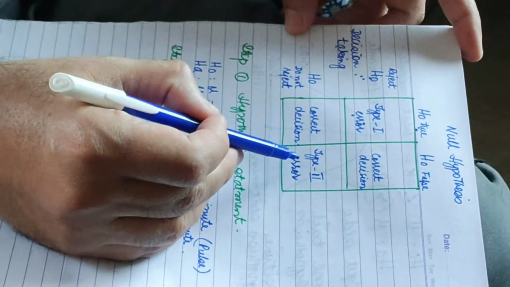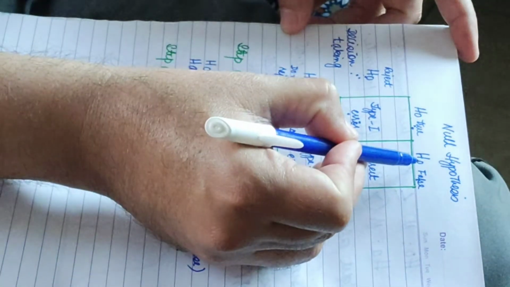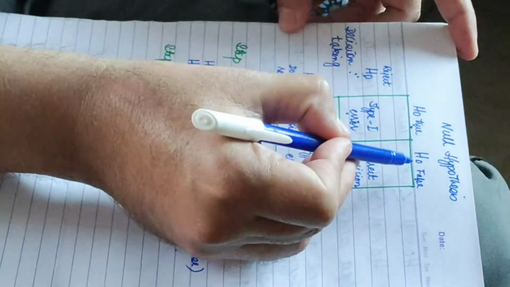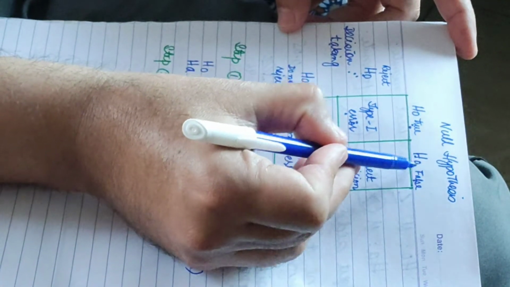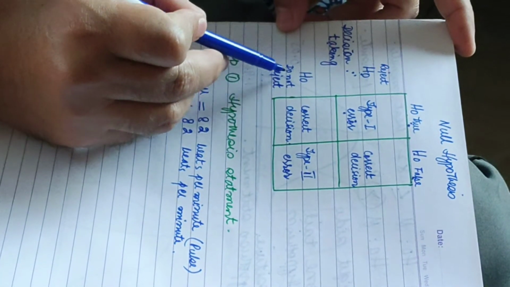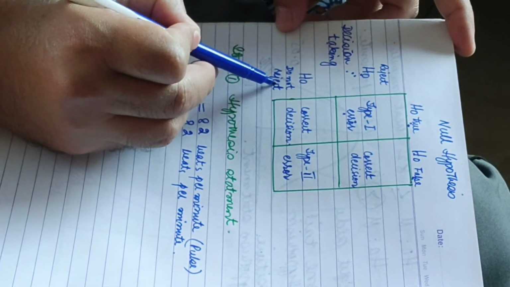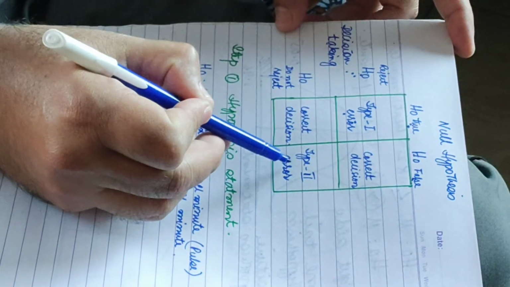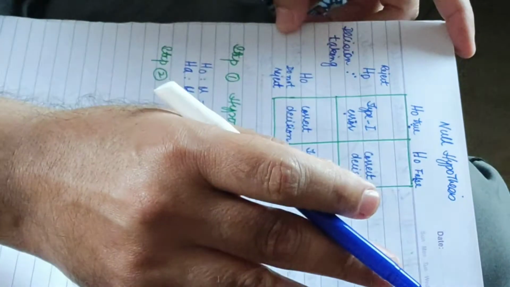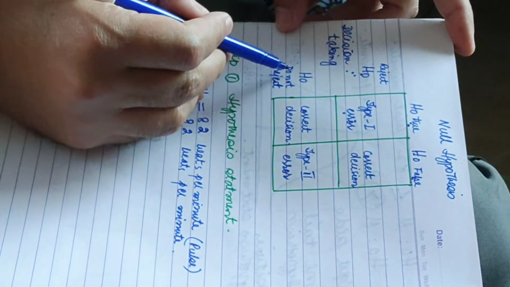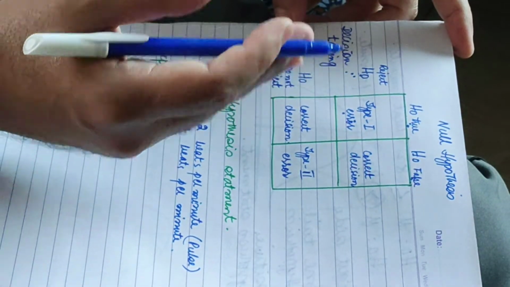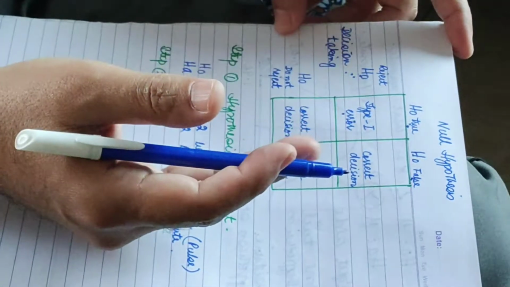Now what is the type 2 error? In the column where the null hypothesis is false, in the decision making we do not reject the null hypothesis, so it means type 2 error. The null hypothesis is false, it is not correct, but we do not reject it, meaning we fail to reject the null hypothesis.